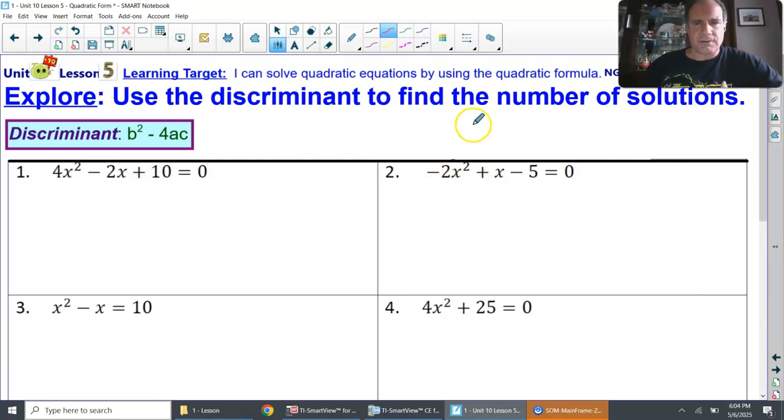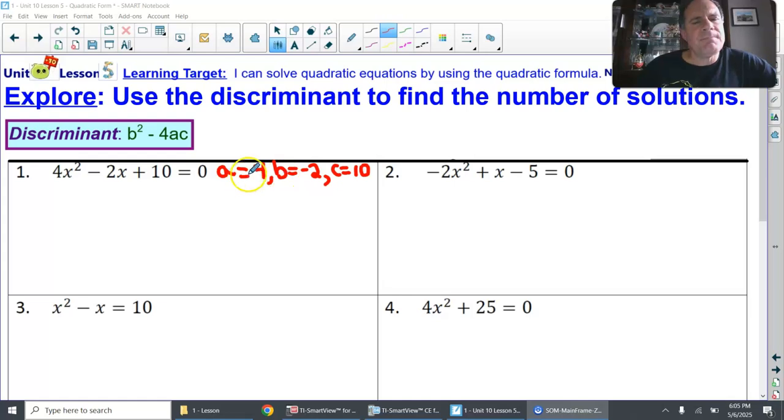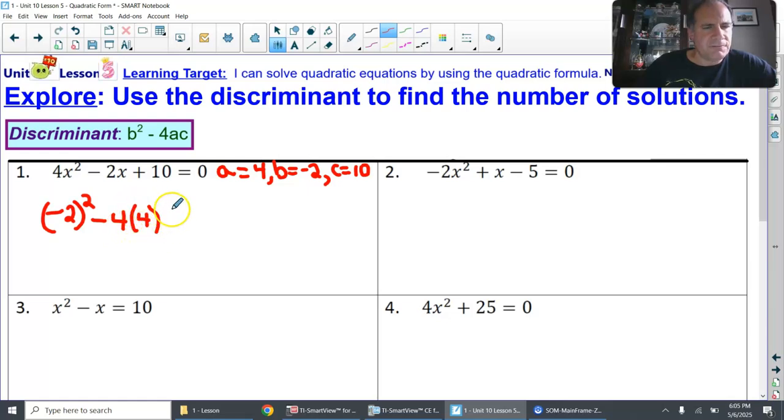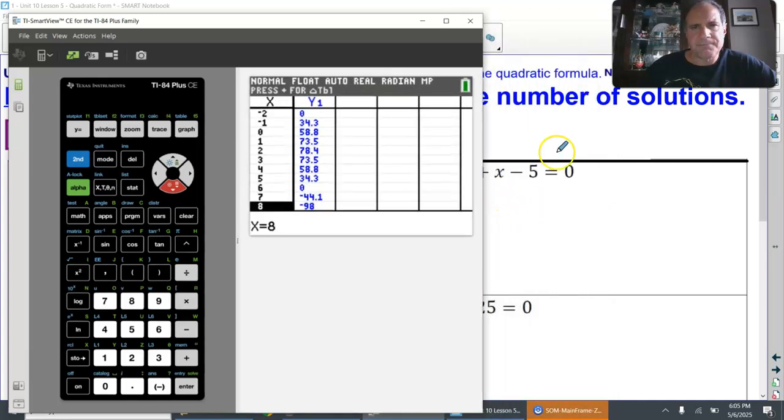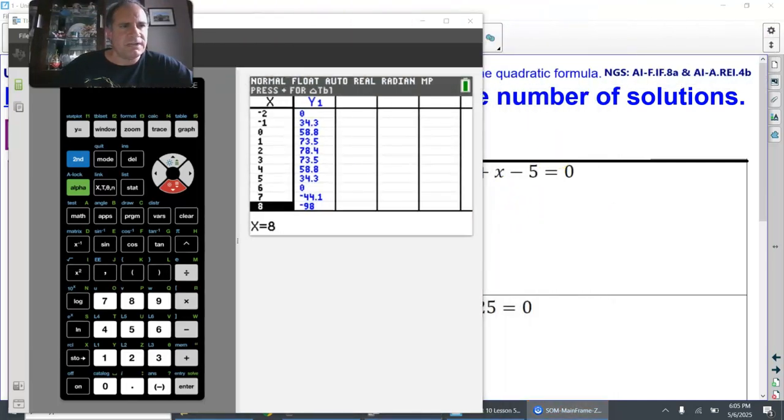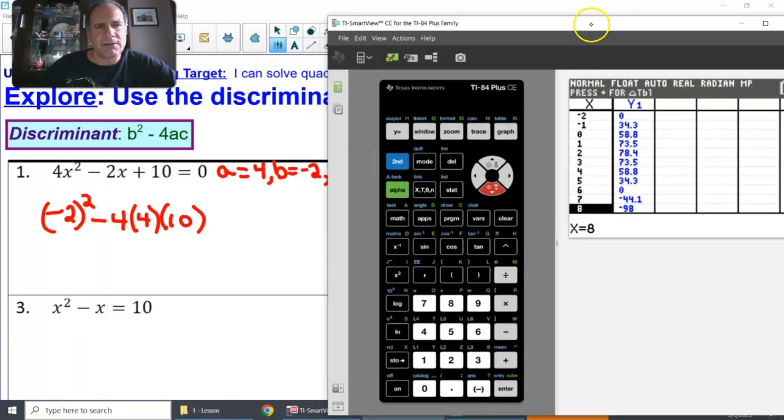So we're going to use the discriminant to find the number of solutions. So I already labeled A, B, and C, and all you have to do is put negative 2 squared in parentheses minus the 4 times A, which is 4, times C, and all you have to do is put this into the calculator.